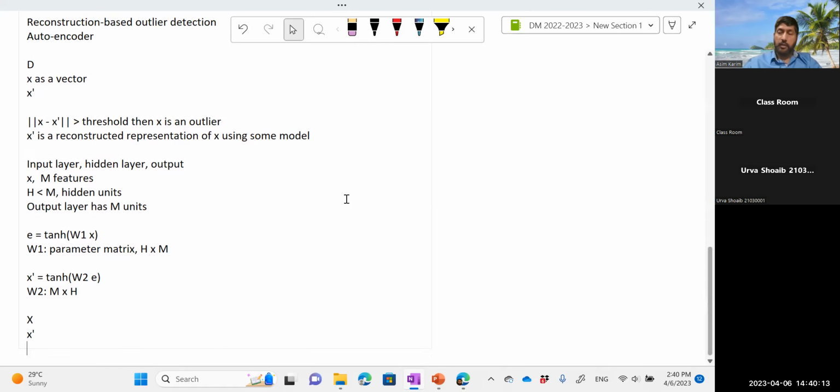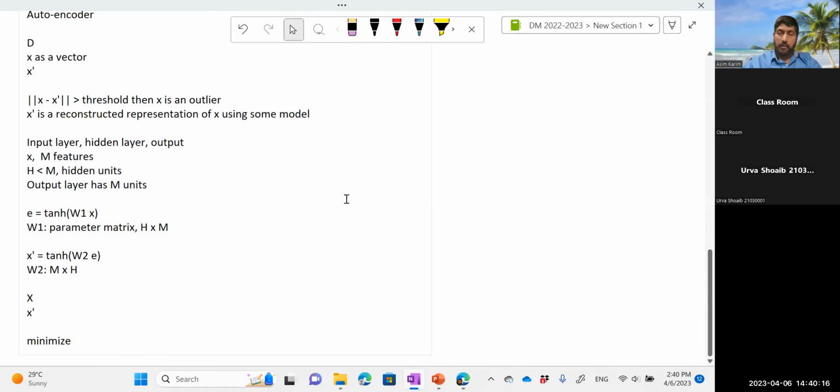I am writing it in general form. Usually a squared loss function is used between x and x prime. What is x prime? It is the reconstructed form of x, or you can say the decoded form of x. e is the encoded form. The e that came in the middle was the encoded form, and the final output x prime is the decoded form, which is the reconstructed form.